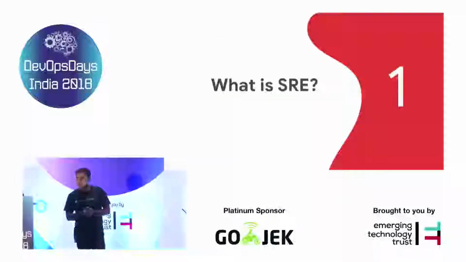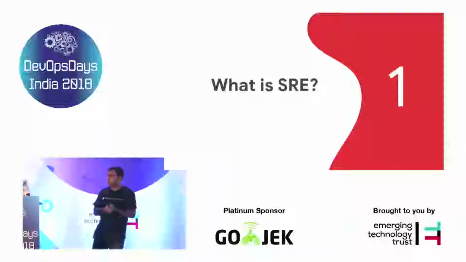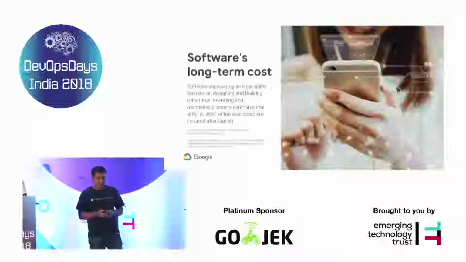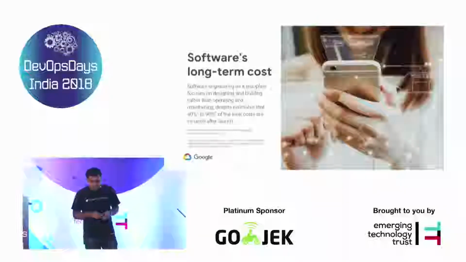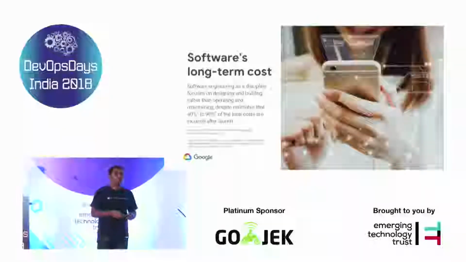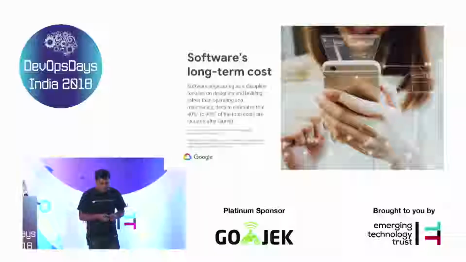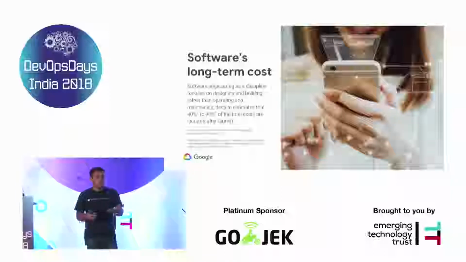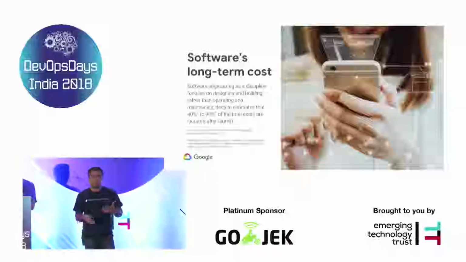Okay, so let's start talking about what SRE is and what problems SREs solve. Now, if you talk about the TCO of software, traditionally the way it works is you have the development teams, and their focus is just to get the features and functionalities out.